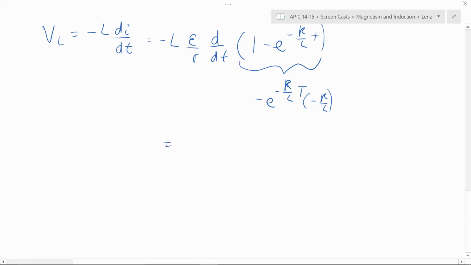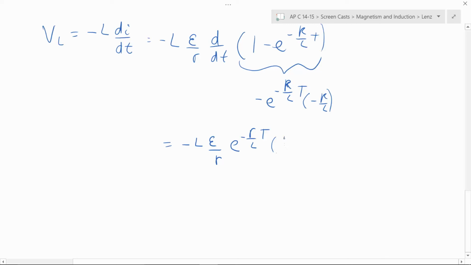So let's see if I can put all this together properly. Yeah, sorry for mixing little r's and big R's. It doesn't really mean anything here, but negative L E over R times this is positive e to the minus r over L t.